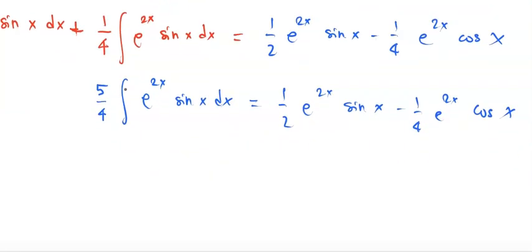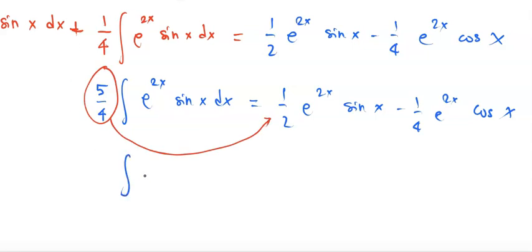Okay, what next? Our main aim is to do this integration, so we just need to make sure that on the left side we have just this function. Whatever is in front of it, we have to bring to the right. So we have 5 over 4, we have to bring to the right.